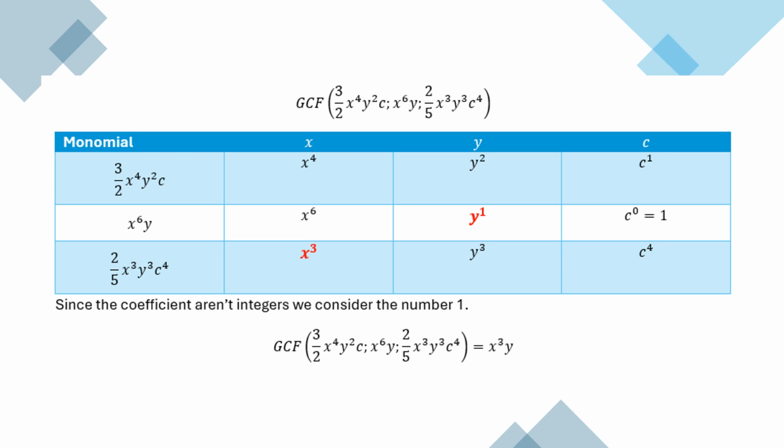Then 3 over 2, 1, and 2 over 5 are definitely not integers, or at least there is at least one which is not an integer, so the leading coefficient will be 1. So the final result is x cubed y. Okay, as I said before, if there is no exponent, we can infer that it is 1.